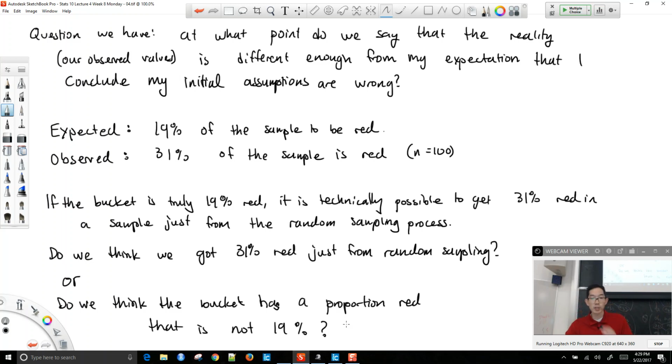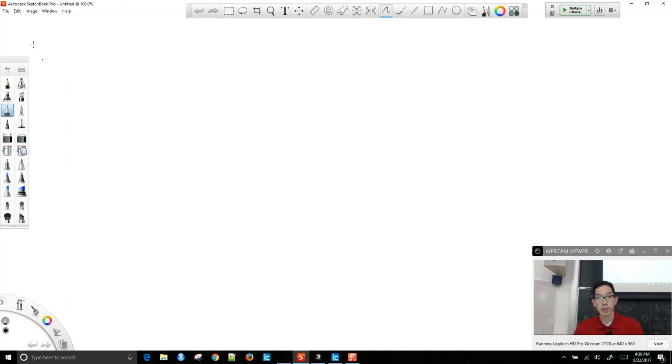Okay, so to answer this, we're going to do some math. We're going to calculate a probability. We're going to say, let's assume that the bucket truly is 19% red. Then, what is the probability of getting 31% red just from random sampling? Can we do that?